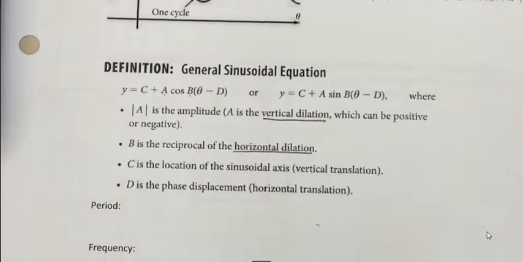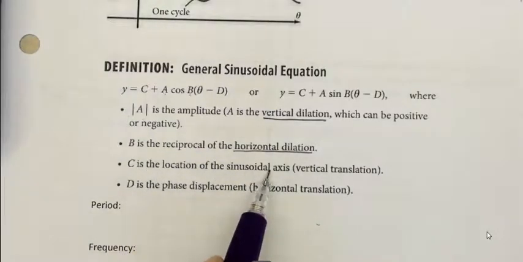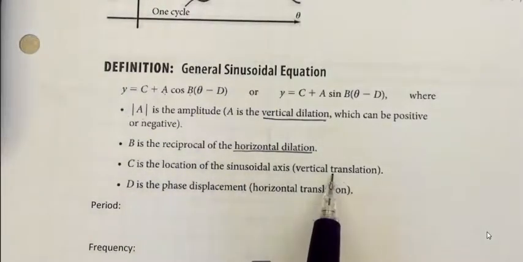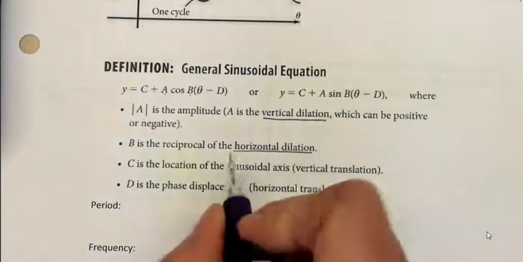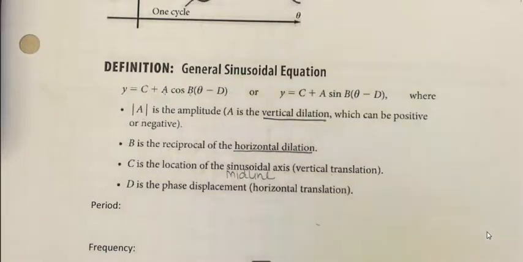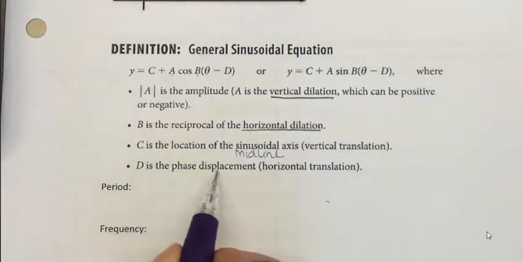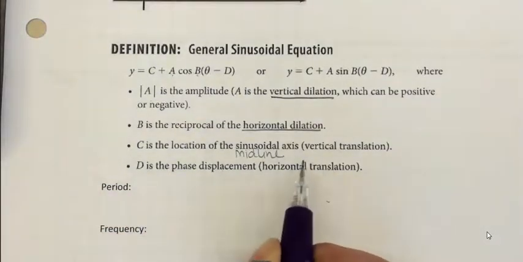C is the location of the sinusoidal axis. We've already talked about that. That's that vertical translation. And instead of sinusoidal axis, I call it the midline, because it's basically the middle of the thing. And then D is the phase displacement, or that horizontal translation, right?